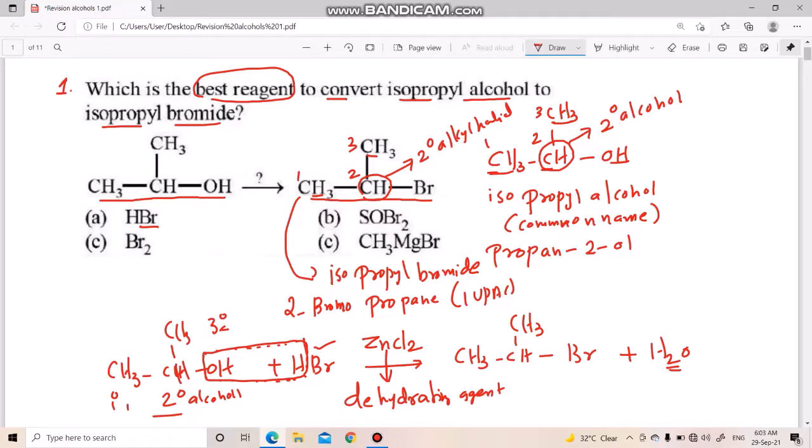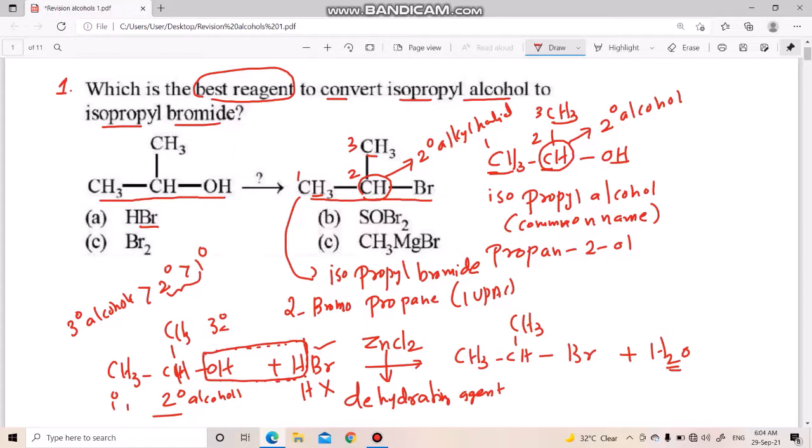The reason is tertiary alcohols are more reactive than secondary, than primary. So for primary and secondary cases, along with the hydrogen halide HCl or HBr, zinc chloride is also required for conversion of alcohol to alkyl halide.